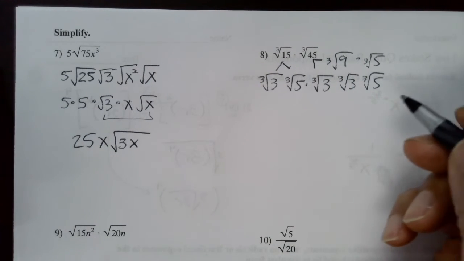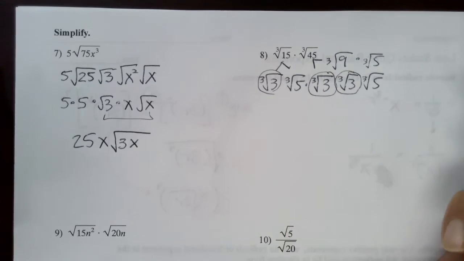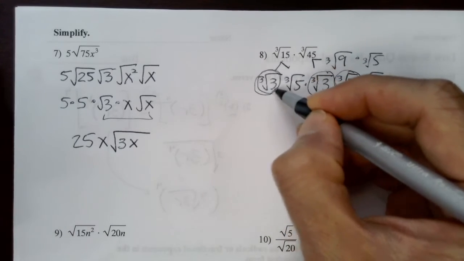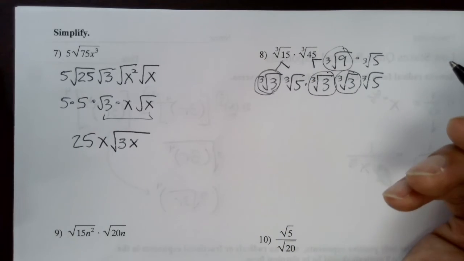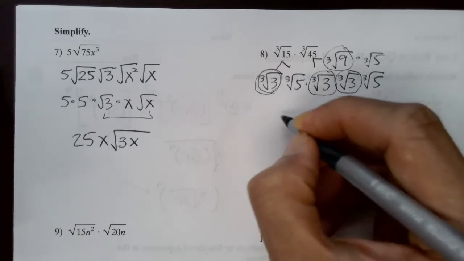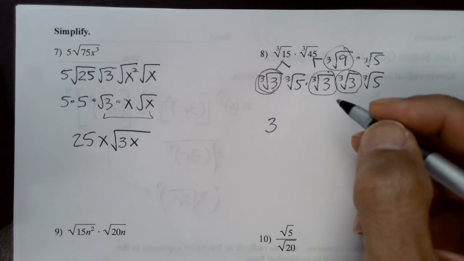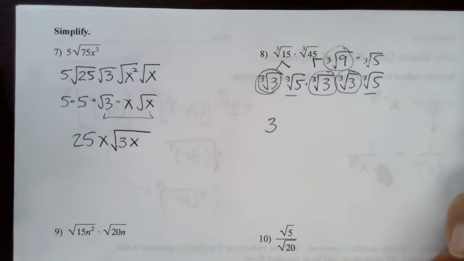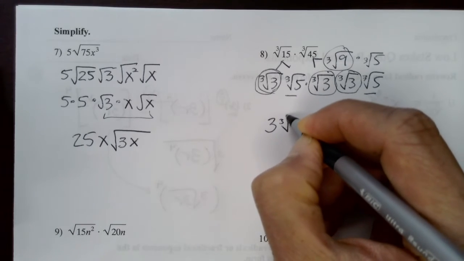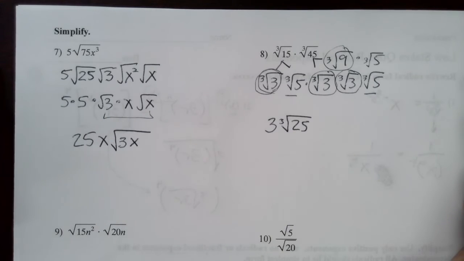In any case, whether you see, okay, I've got 3 threes, right, so 3 cubed, or you think, well, I've got 3 and 9, and that's 27, which I know is 3 cubed. Either way, that will simplify to simply the cube root of 3 cubed, which is 3. I've got 2 5s, but not a cube, and so that has to be expressed simply as the cube root of 25.